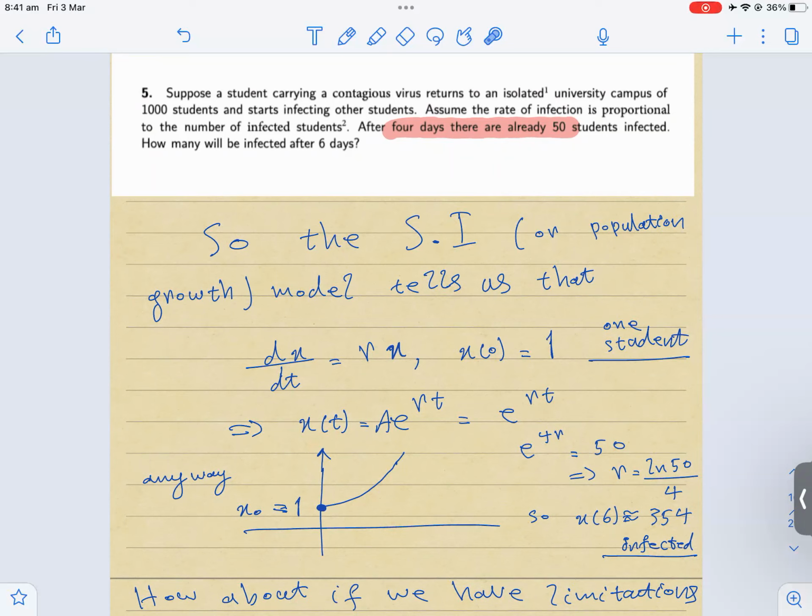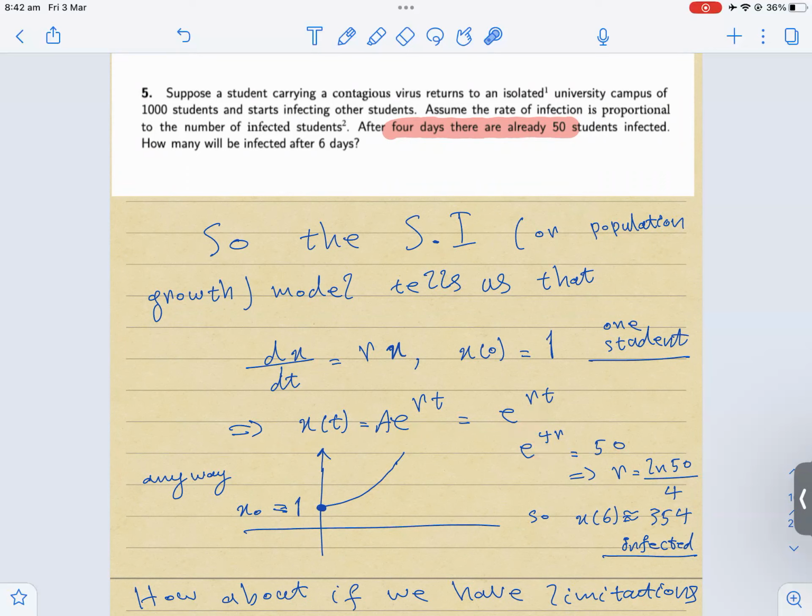Just a little bit of thinking is needed. So x prime equals rx. The initial condition was x of 0 equals 1 because we had only one student. This is a separable ODE, so x of t will be a times e to the rt, where r is the rate.